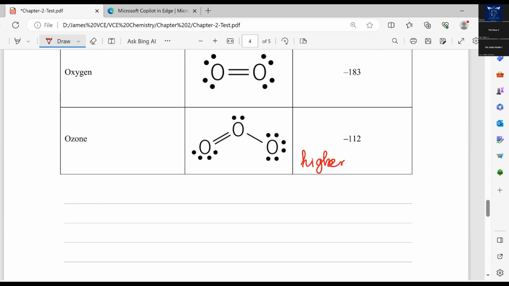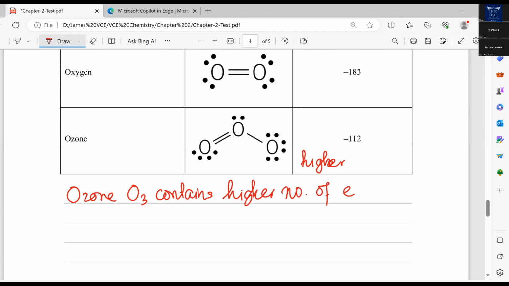So ozone, O3, contains a higher number of electrons. Remember, whenever you want to discuss dispersion force, you need to base it on the number of electrons.